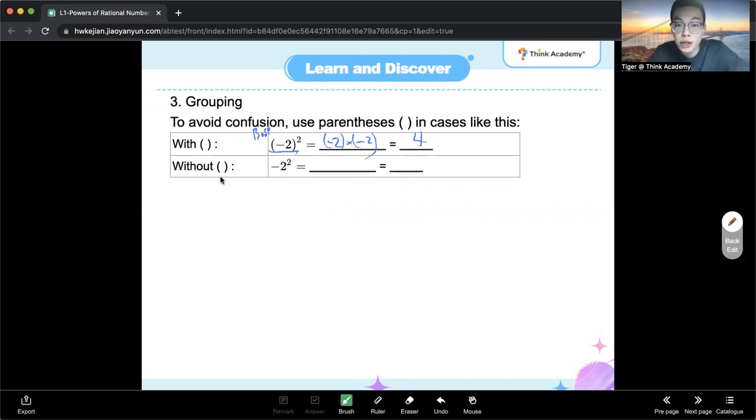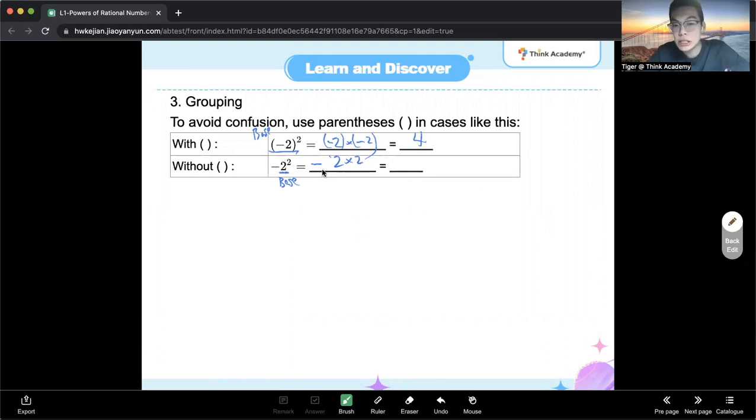If I don't have the parentheses, it means that the square or the power is only associated to the 2 as the base, where the sign is put in front of any calculations we have after that.